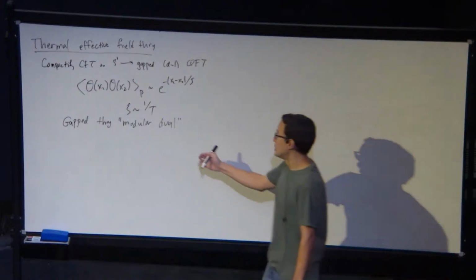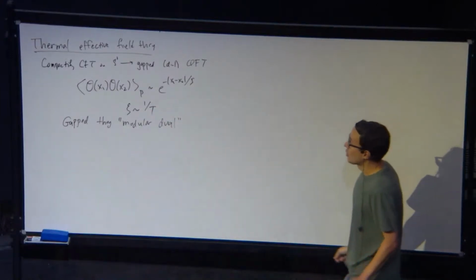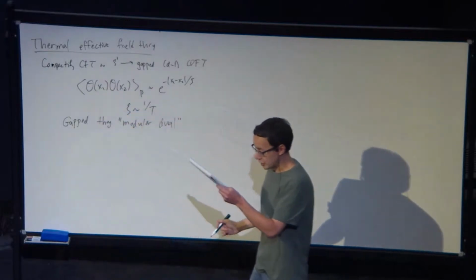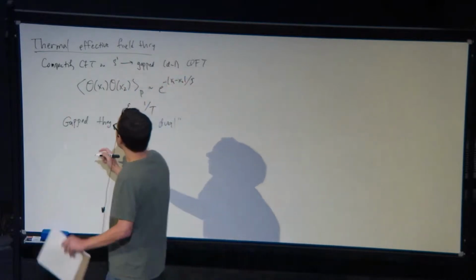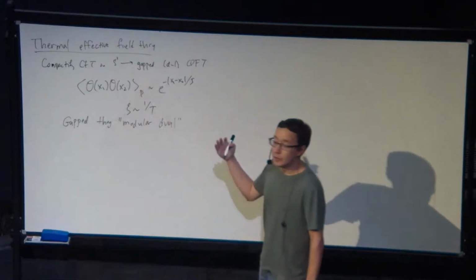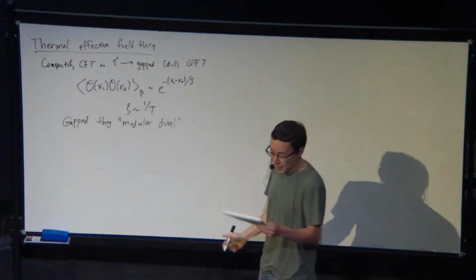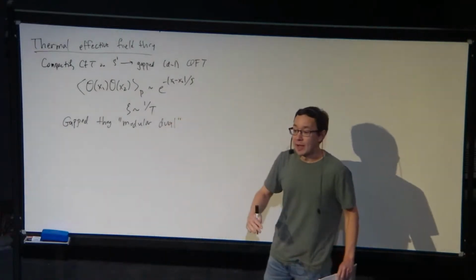But in higher dimensions, we're going to treat this d-1 dimensional quantum field theory as a way of probing the high temperature behavior of the partition function. In particular, this is a gapped quantum field theory. So the idea is that we're going to couple our original d-dimensional CFT to some background fields, in particular a background metric. And we're going to write the partition function of the gapped theory as a function of these background fields.